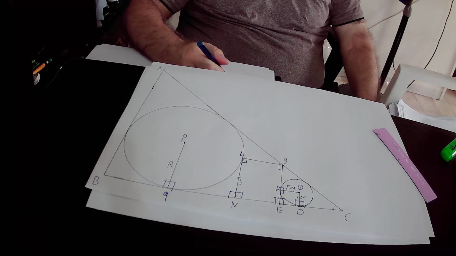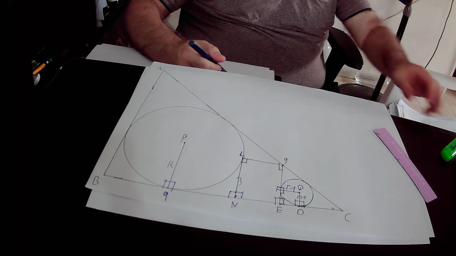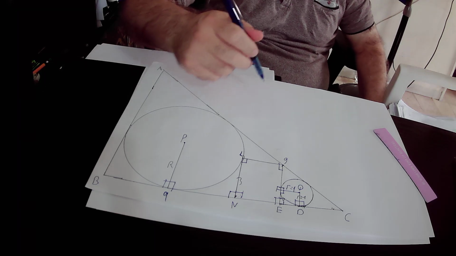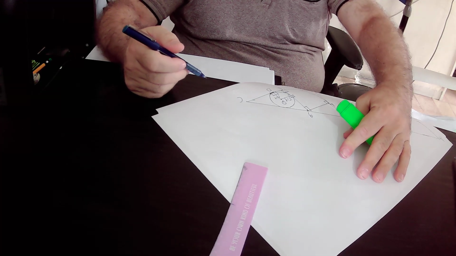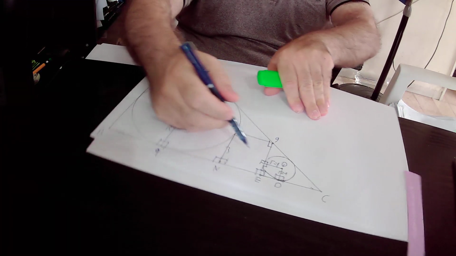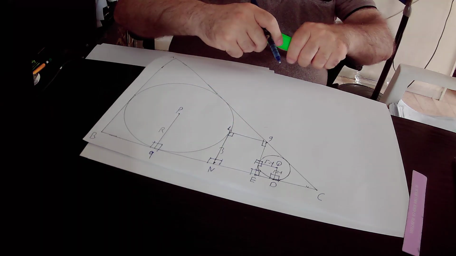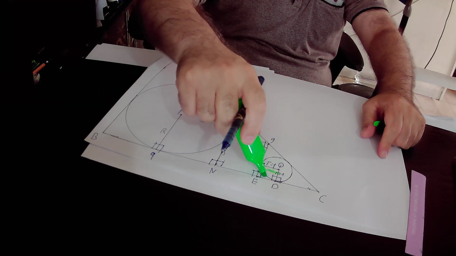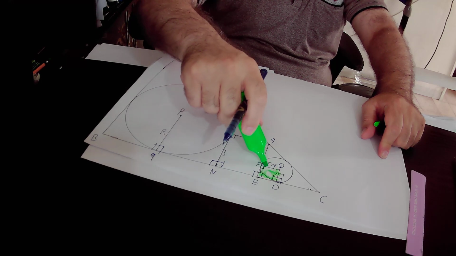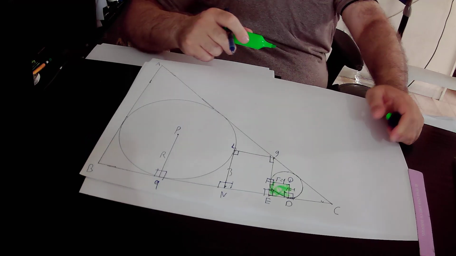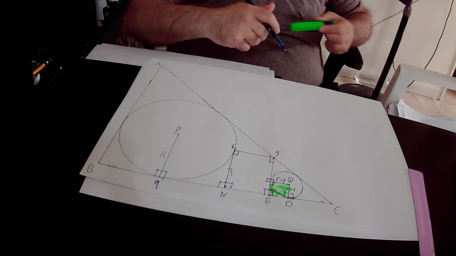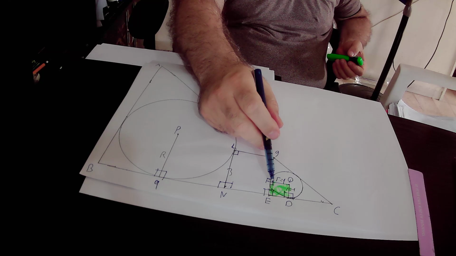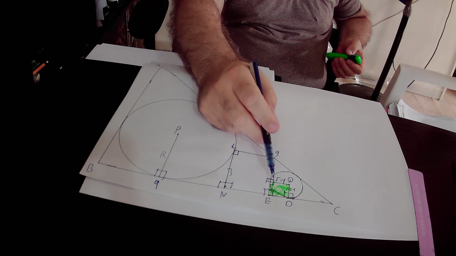So actually we found out that inside the green quadrilateral FOED, we have 1, 2, 3 right angles.